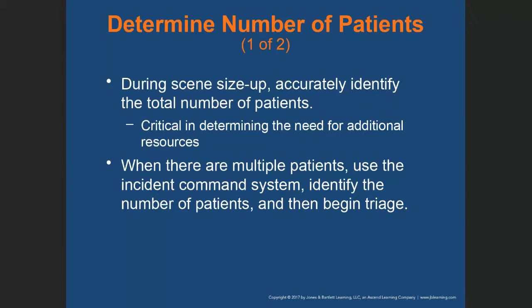So during the scene size-up, accurately identify the total number of patients, critical in determining the need for additional resources. If you have multiple patients on location that exceed your available resources, it now becomes a mass casualty situation.